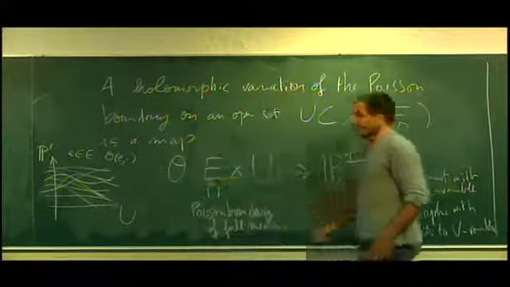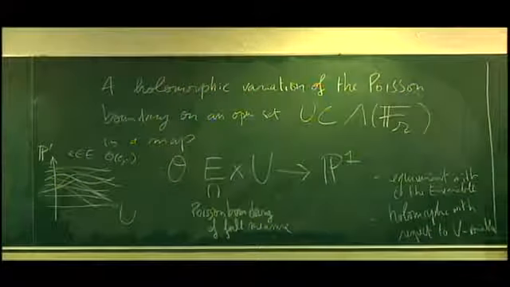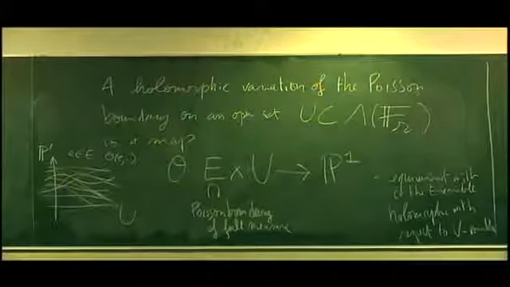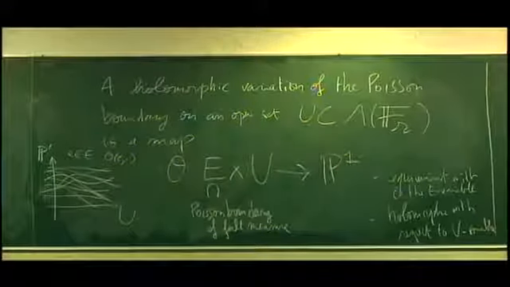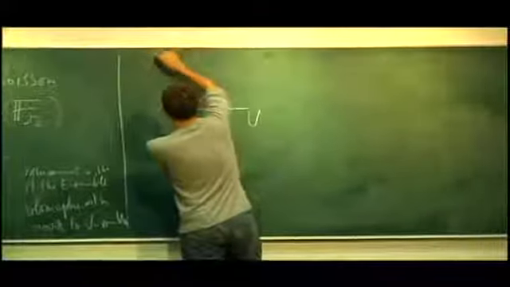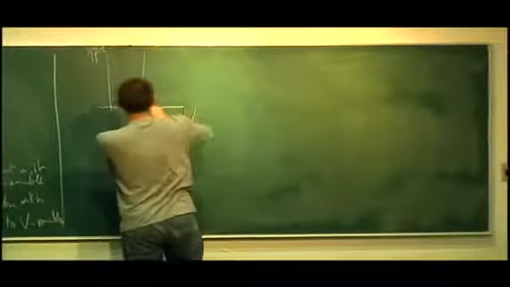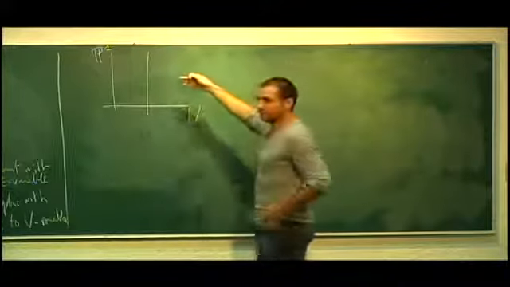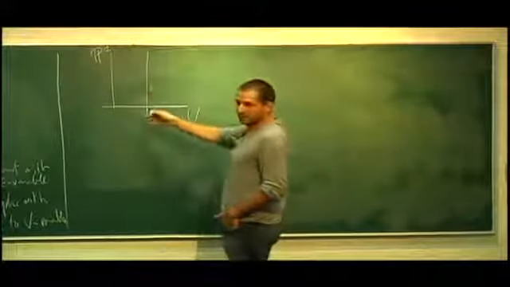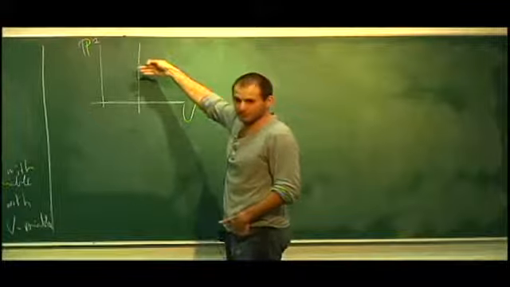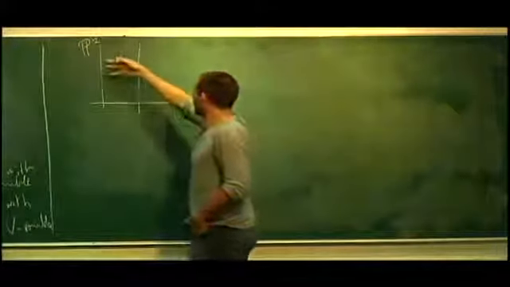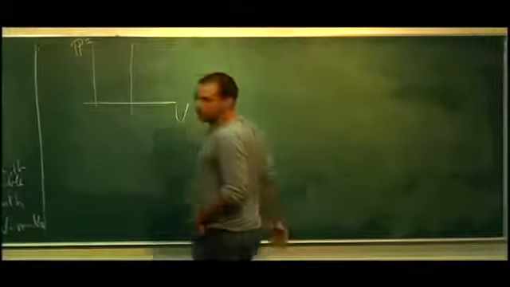The idea is to take this product, U times P1, and on this product we have a dynamical system, which is, in a sense, quite trivial. It's trivial in one direction and non-trivial in the other. You make the free group act on that. On each fiber, it acts by the corresponding representation. So you consider the action of all your representations line by line.